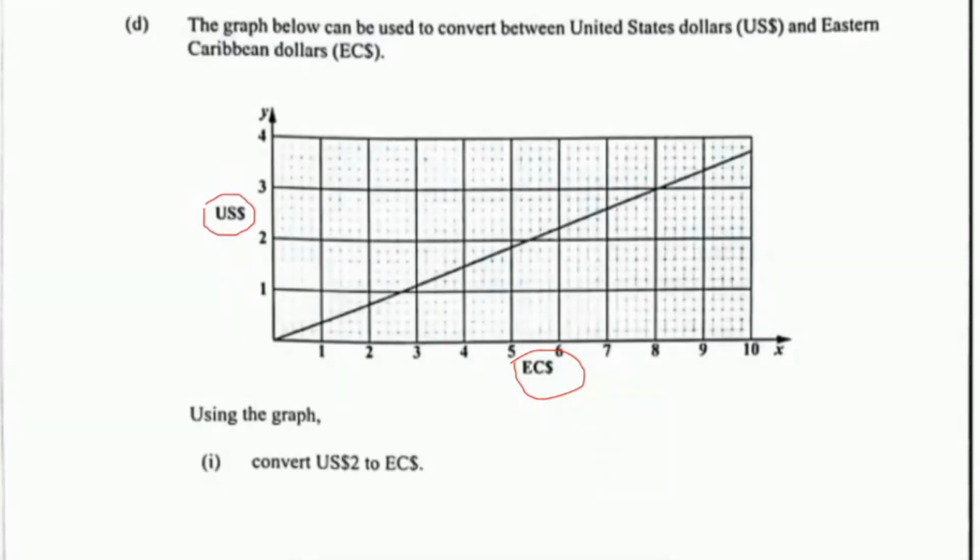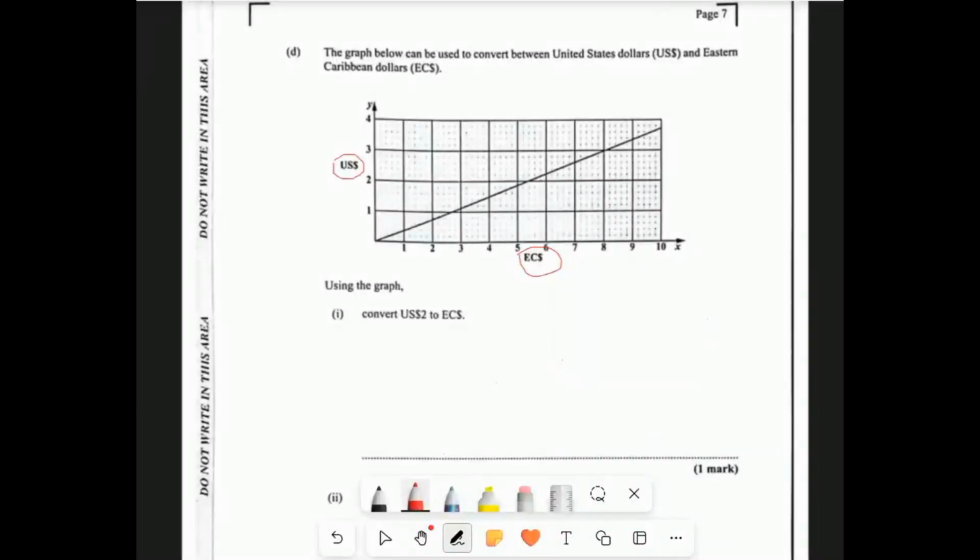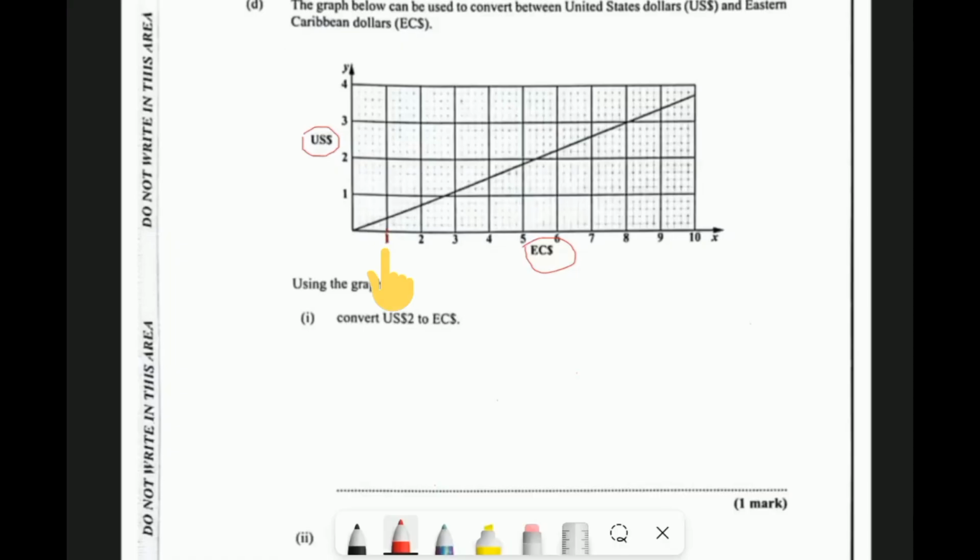Now whenever you're working with graphs, the first thing you need to do is to understand the scale that is being used. Notice on the x-axis, one big box is equal to 1 EC dollar. Let me highlight that. So you notice that it goes all the way up to 10 EC dollars.